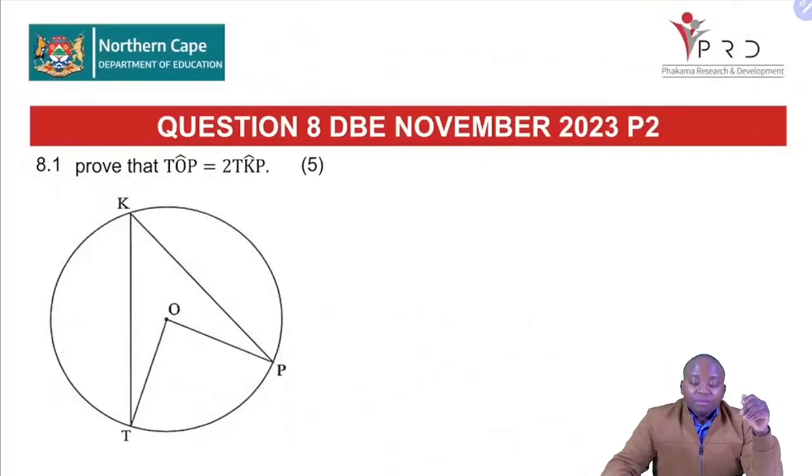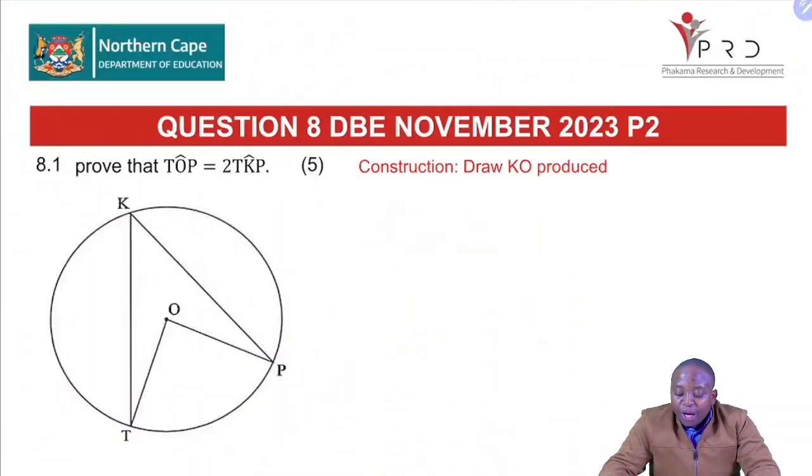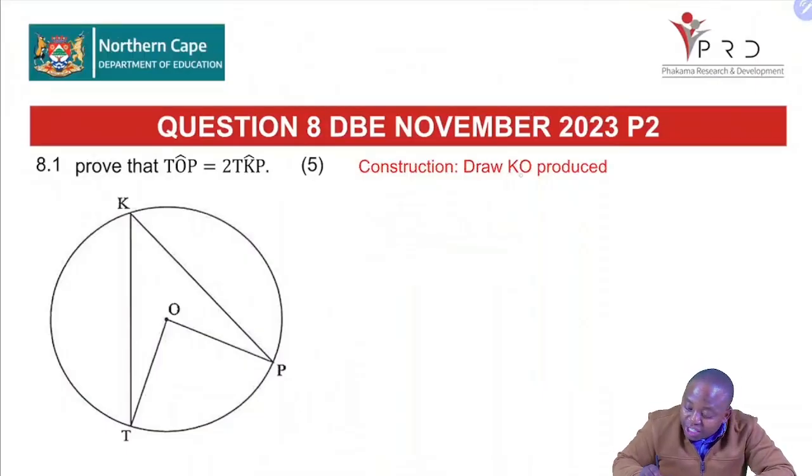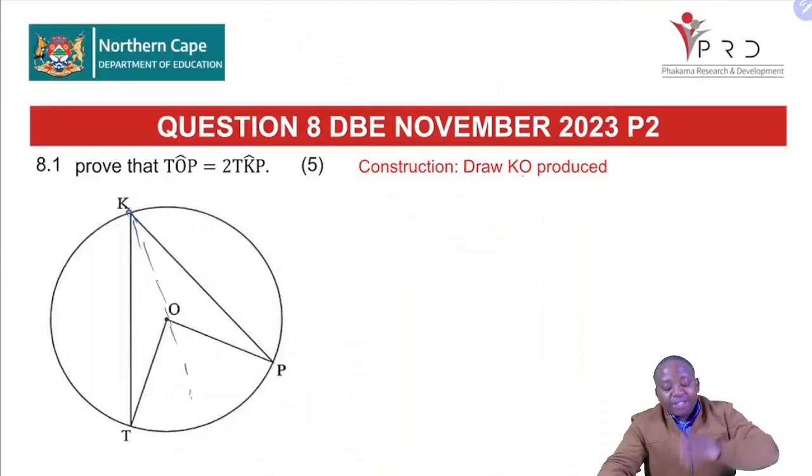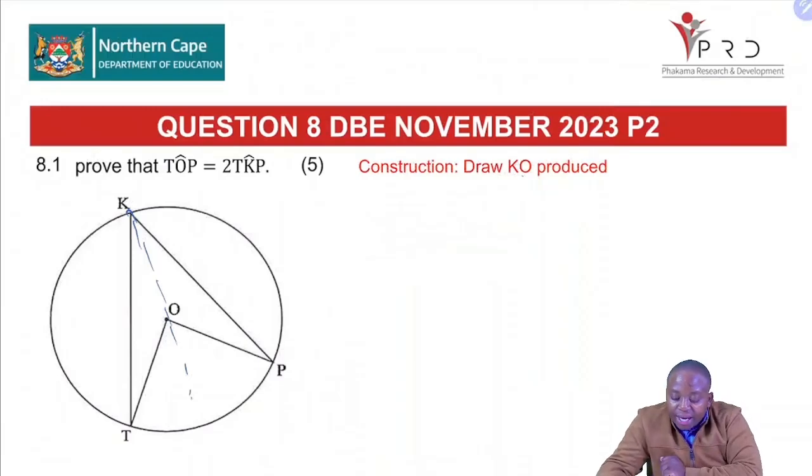Remember, when you are proving these theorems, you must start with construction. And when you draw and you show construction, you must also show it on your answer sheet. And you say, construction, draw KO, produced. So we need to work with the two triangles. Remember, when you prove this theorem, we are going to use the exterior angles of a triangle.